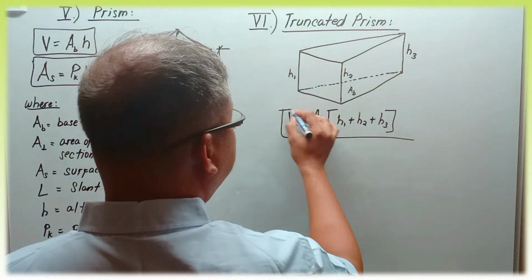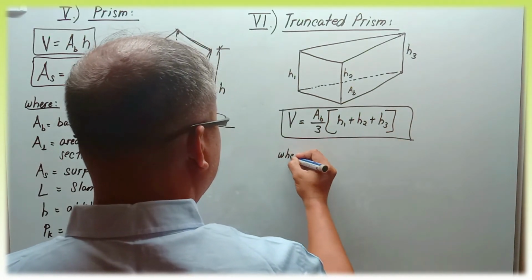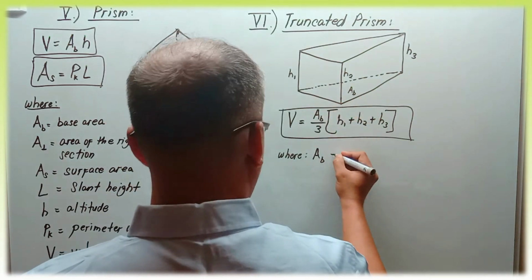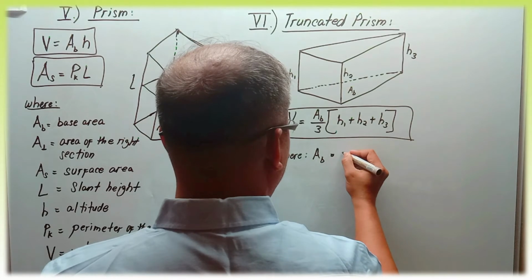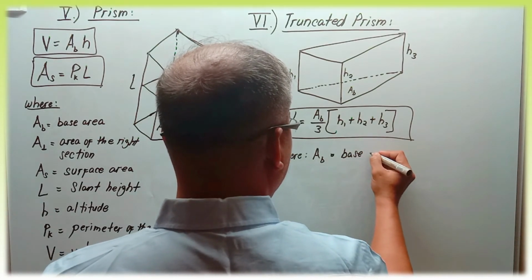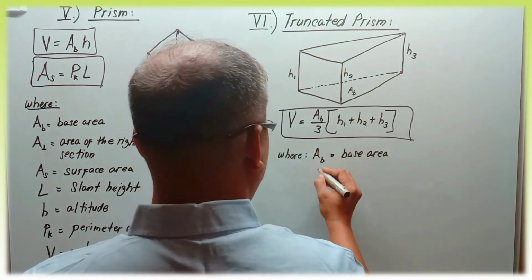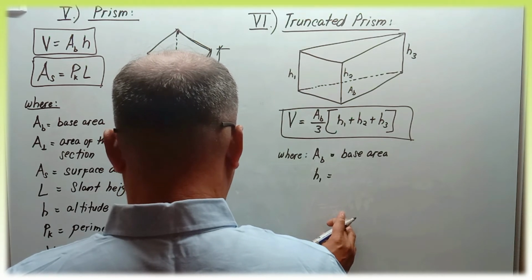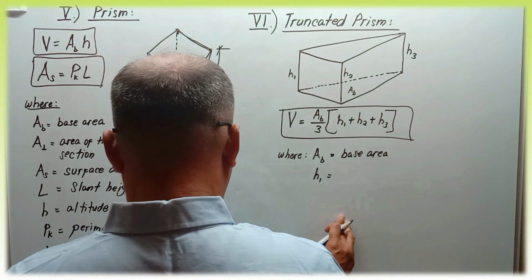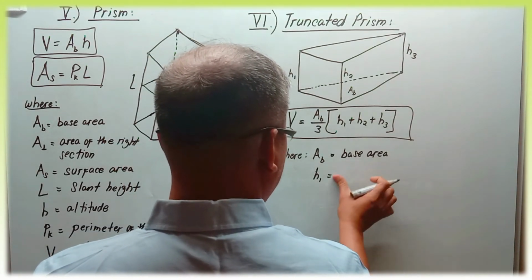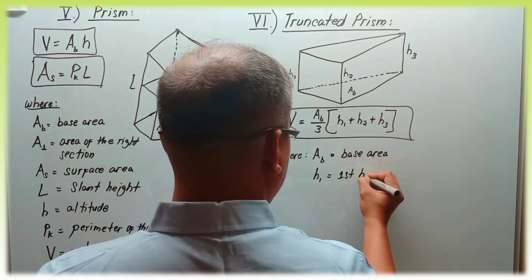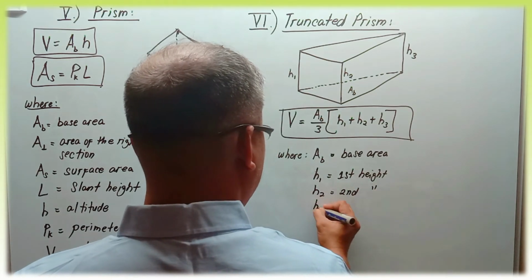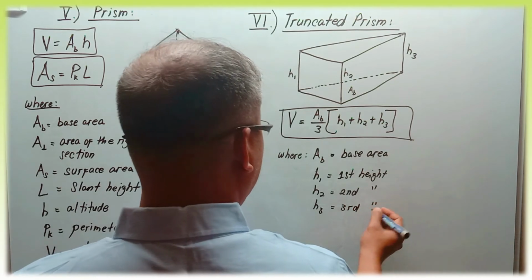Take note of this, guys, where A_B is equal to the area of the base, or base area, and h1 is equal to the first height, h2 is the second height, h3 is the third height.